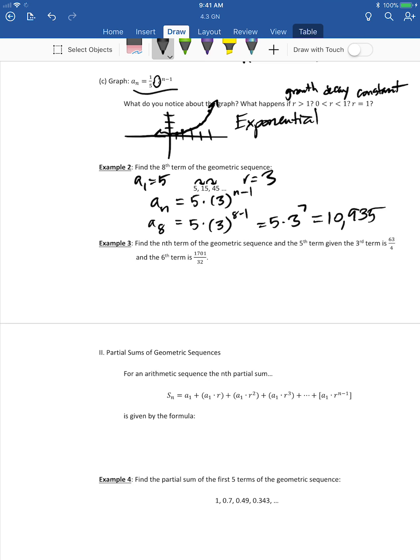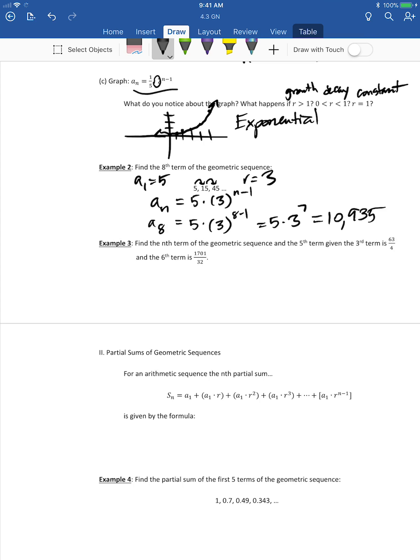Example 3 is another interesting question, and one that takes a bit of time to work out. Find the nth term of the geometric sequence and the 5th term, given that the 3rd term is 63 over 4, and the 6th term is 1,701 over 32. What do we do?